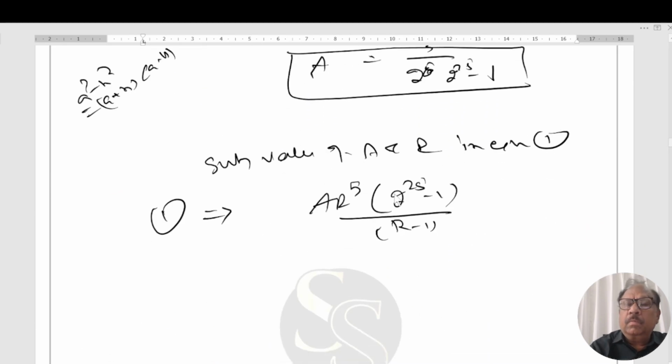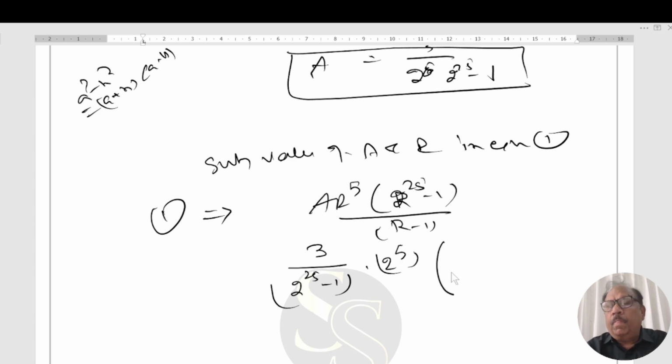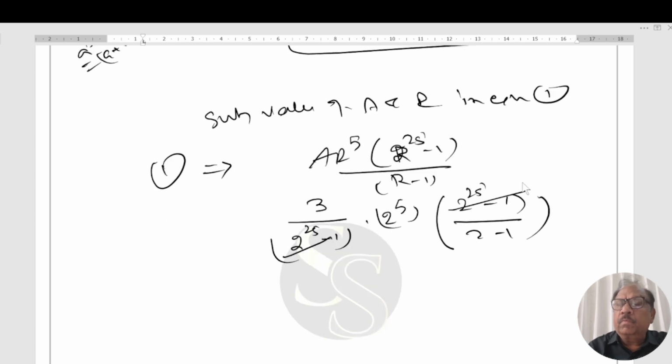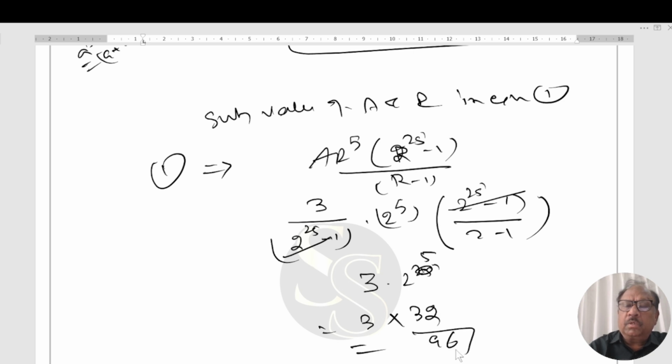The value of a we have is 3 upon (2 to the power 25 minus 1), into 2 to the power 5 into (2 to the power 25 minus 1) upon (2 minus 1). On simplification, this becomes 3 into 2 to the power 5, which is 3 into 32, that comes out to 96. 96 will be the answer.